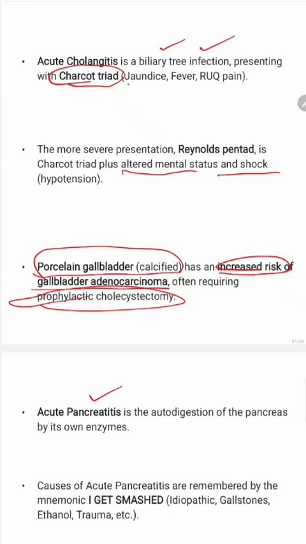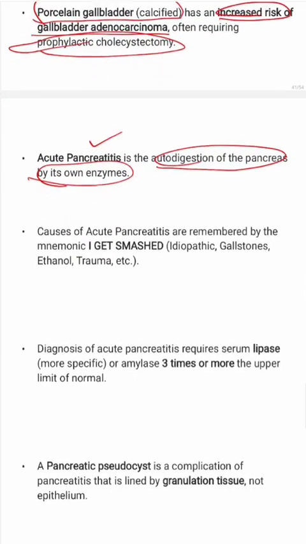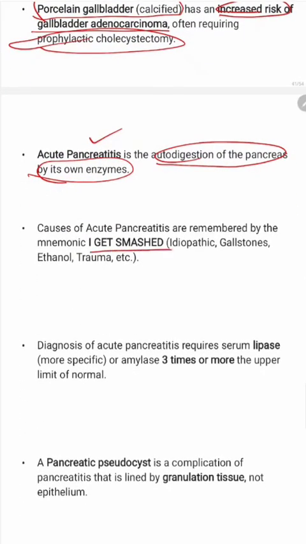Now, acute pancreatitis is autodigestion of the pancreas by its own enzymes. There are a lot of causes of acute pancreatitis, and the mnemonic is I GET SMASHED.